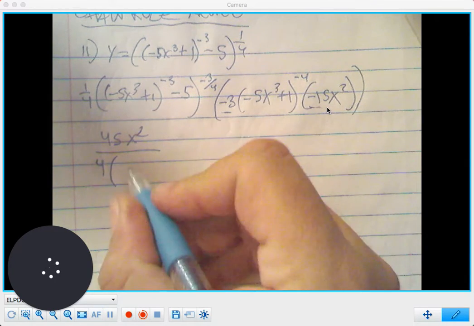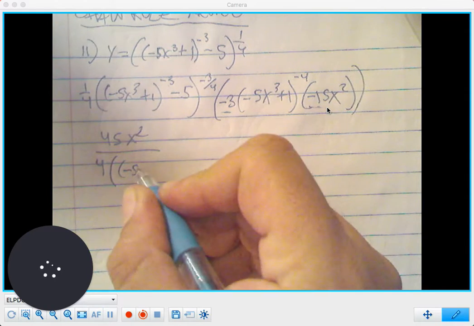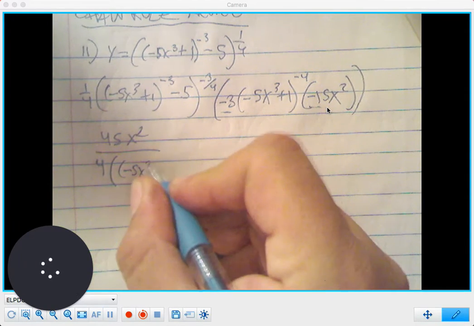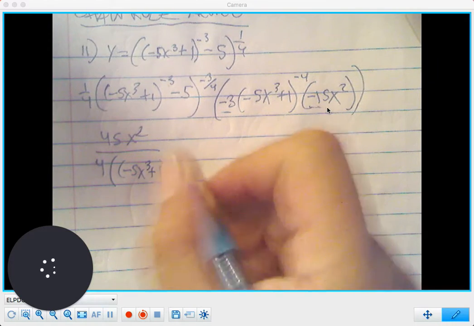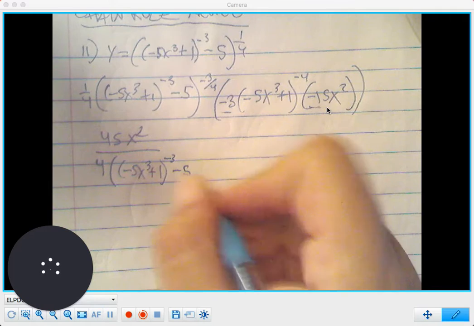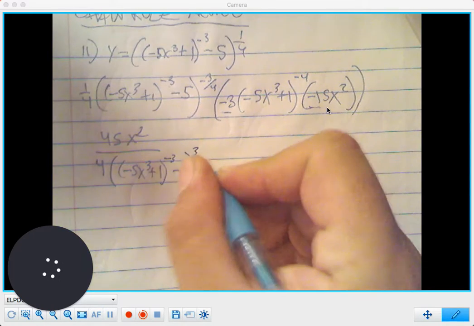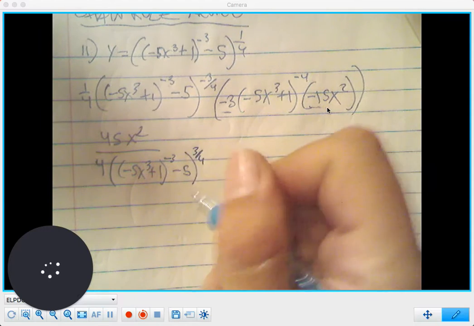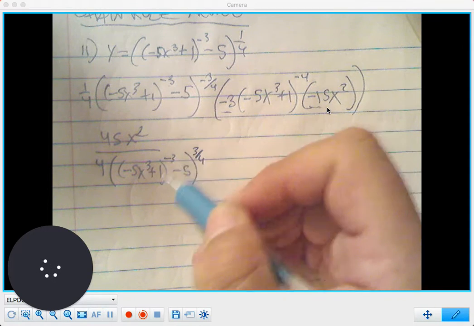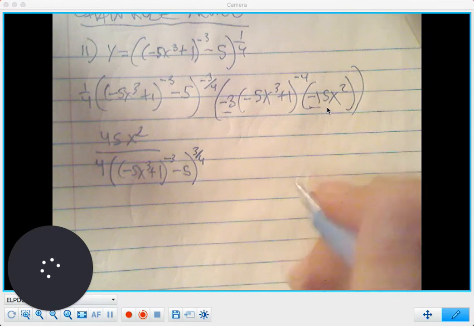Let me just do it like this. So I'm going to get negative 5x cubed plus 1. This is still negative because it's the inside. Okay, and then this is to the 4th. You cannot change both at the same time because this one is inside. So you have to do this one individually.